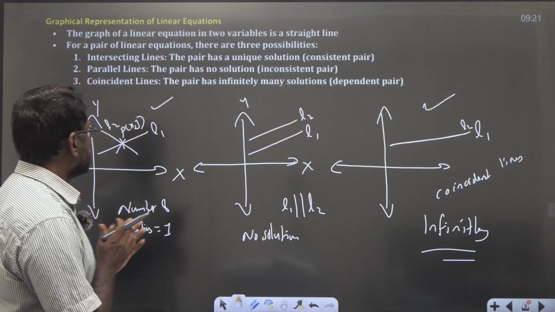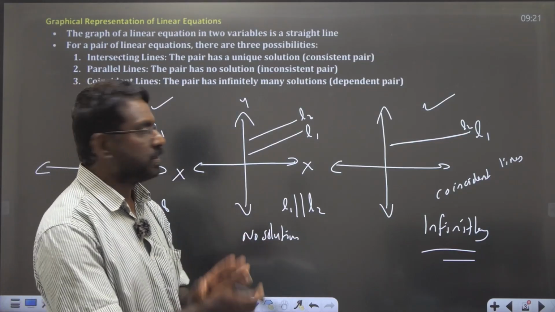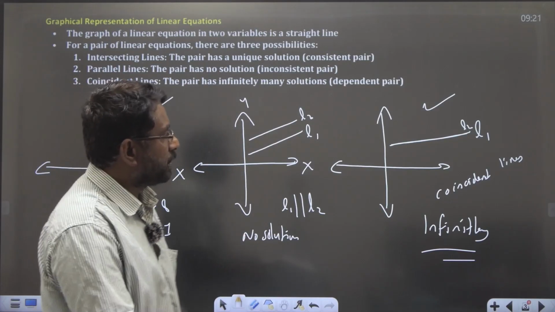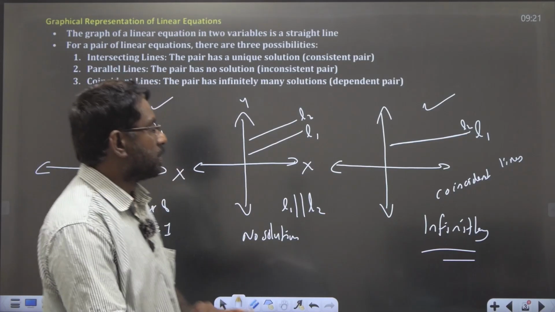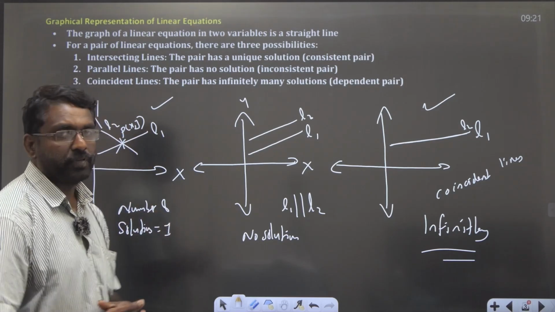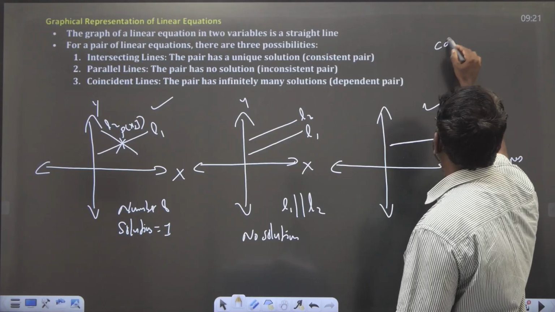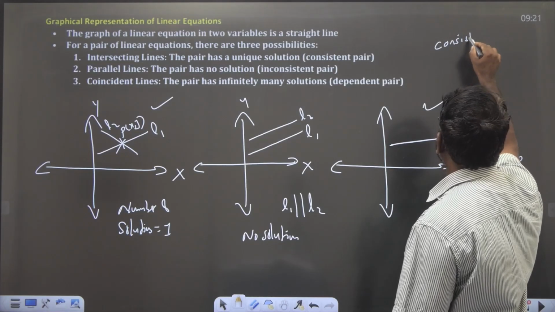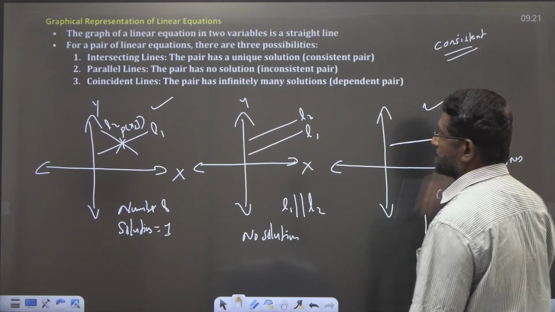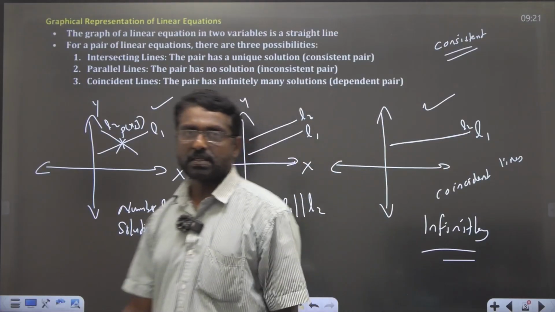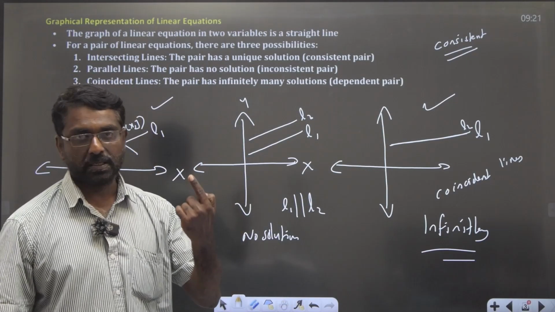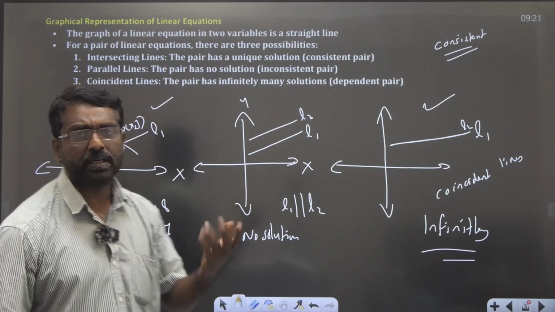If a solution exists, such type of equations are called consistent equations. Consistent equation means there exists at least one solution. It can be infinitely many solutions.